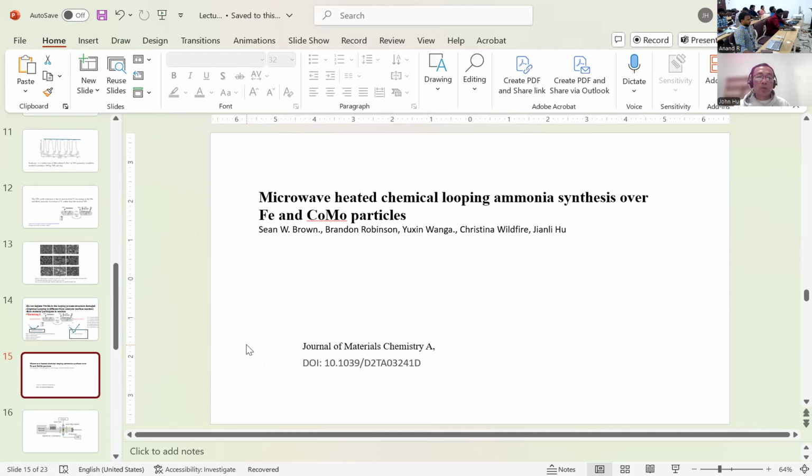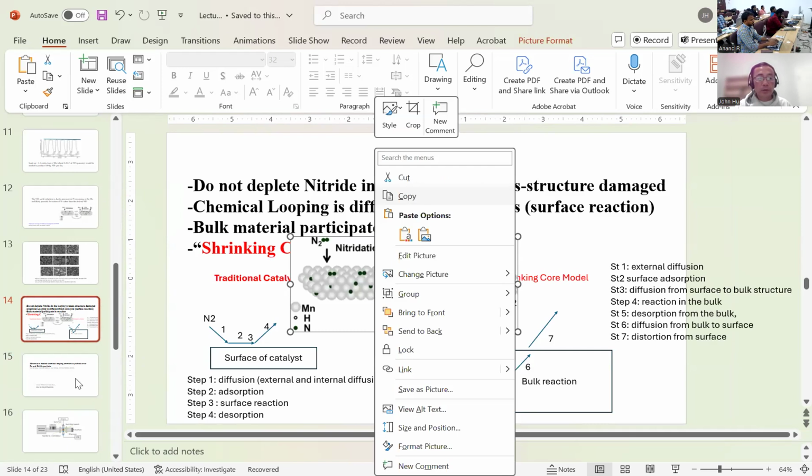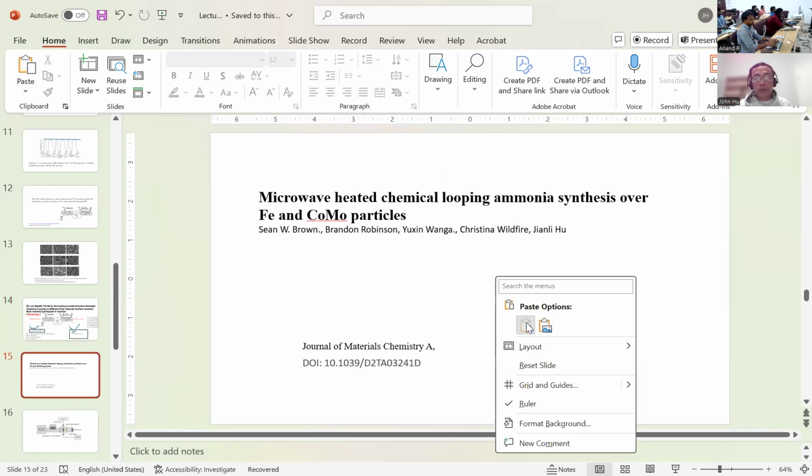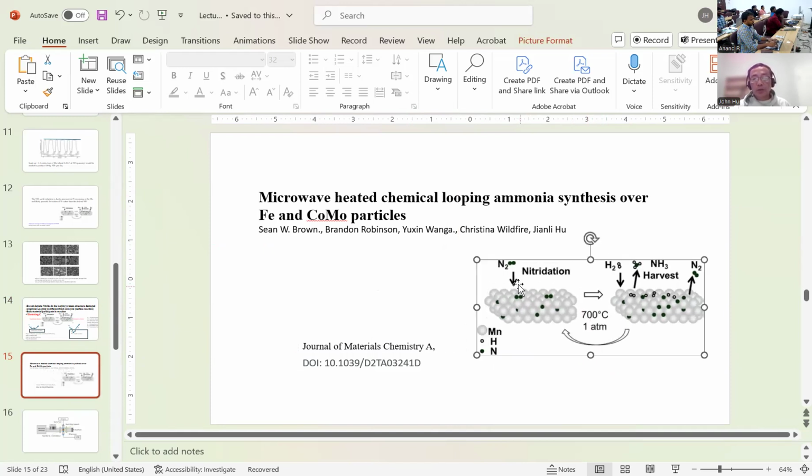So first, you may be wondering why microwave heating. Well, we all know microwave is a selective heating. If you look at the structure, you want the nitrogen to come in to form the internal nitride, all right? This is really good for microwave, because microwave can selectively heat this site and deliver the energy to it.